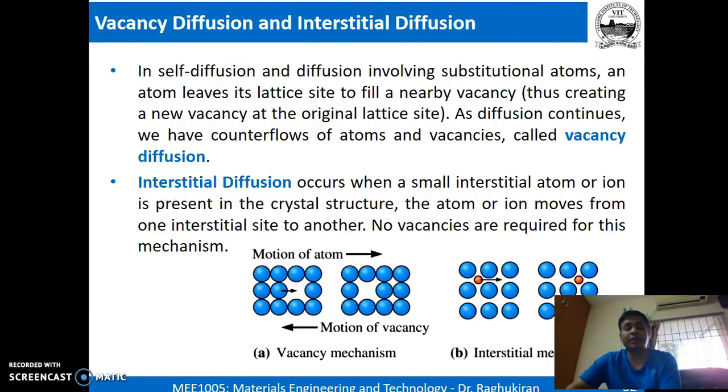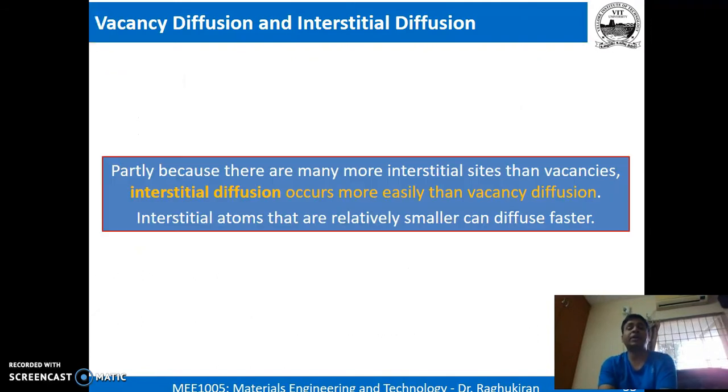Whereas for interstitial diffusion, you can imagine the interstitial space to be available everywhere, because you will not have a crystal structure without any interstitial space. That is why we commonly understand that interstitial diffusion can occur more easily than vacancy diffusion, because vacancy diffusion needs the vacancy defect to exist.